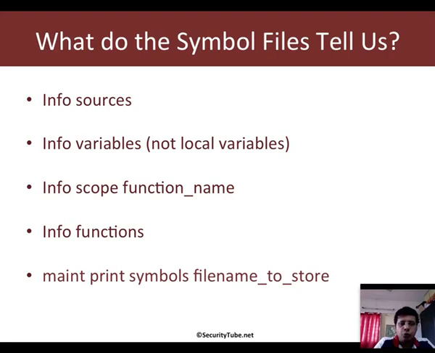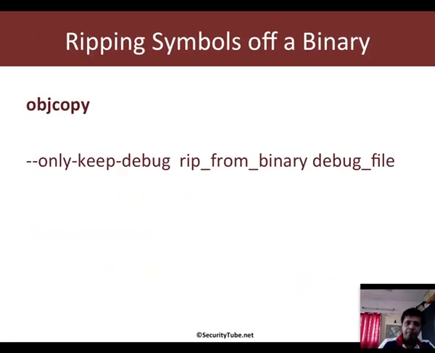Hitting info scope and then tab would actually go ahead and give you all the scopes available to you. Then you had info functions to list out all the functions. One little command which I've left is to actually dump the symbols into a separate file, called maint. Maint is basically maintenance, print symbols, and then the file name.